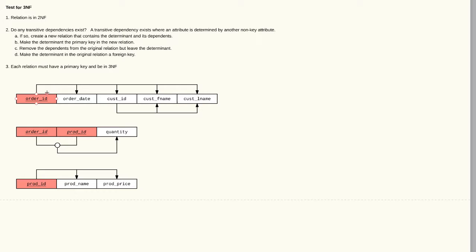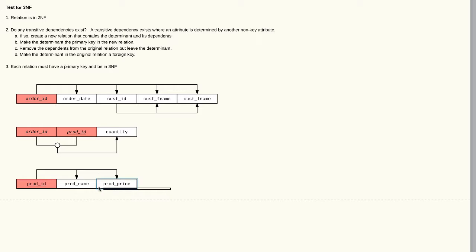One of them is order ID, the other is customer ID. Now when you look at these two dependencies at the bottom here, these are both transitive dependencies because the determinant is a non-key field. You don't see that in the other two diagrams. So neither of these have transitive dependencies in them.